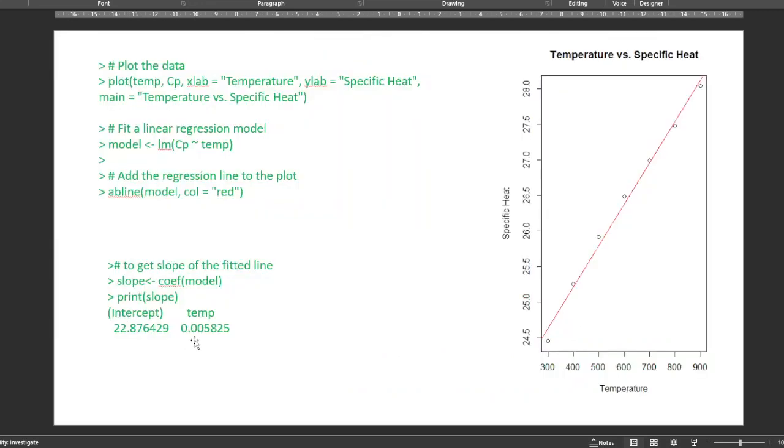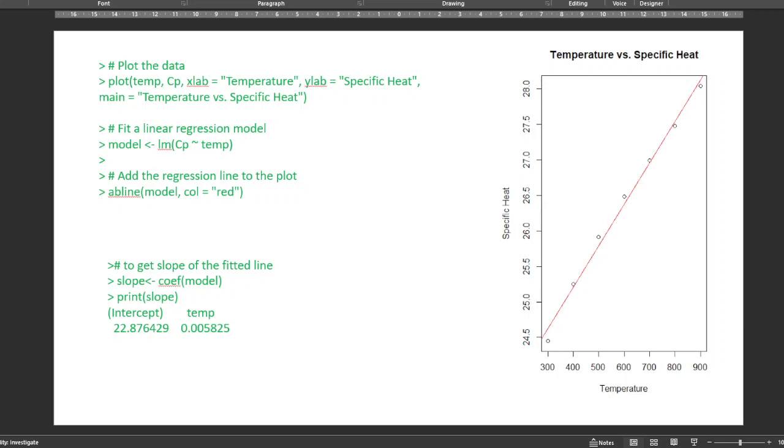But we are getting close to 0.0062. If you also get a different answer, please let me know. I can check and tell you whether there is any error with my code or the way I have processed. So this is the general way to get the slope value or intercept value using the coefficients command on the given variable.